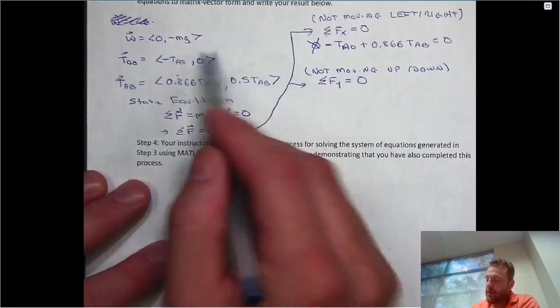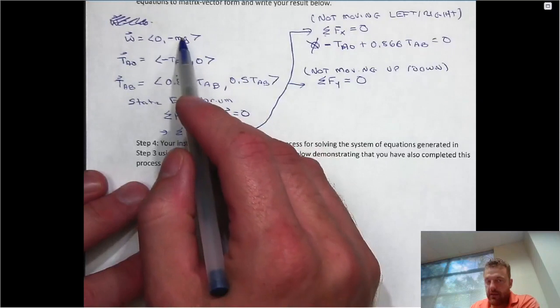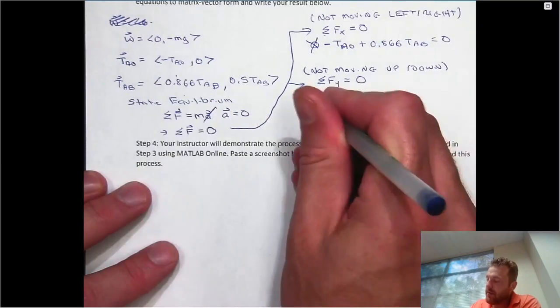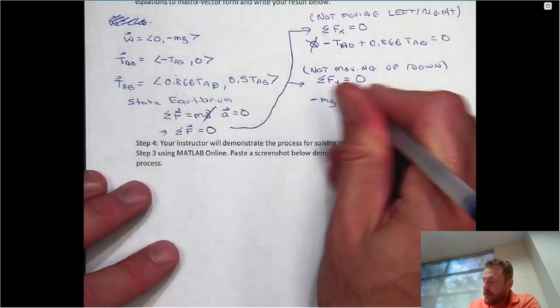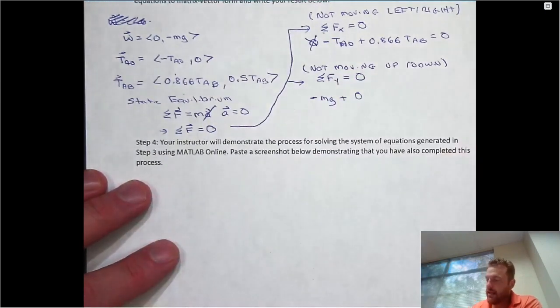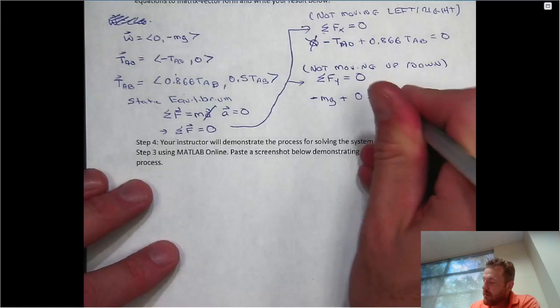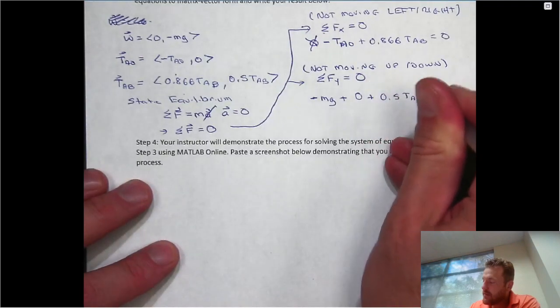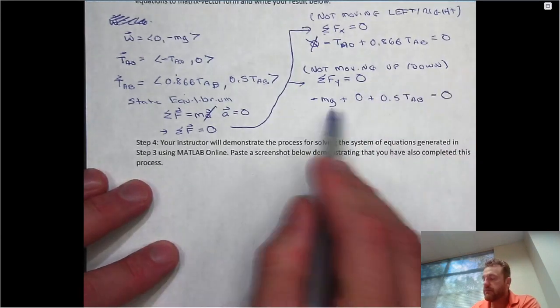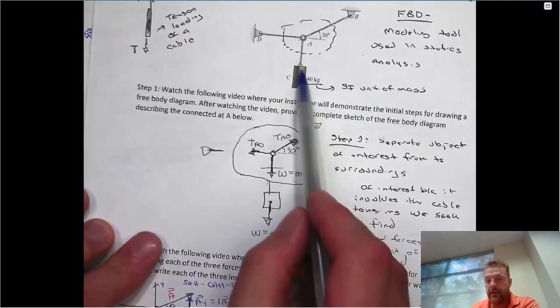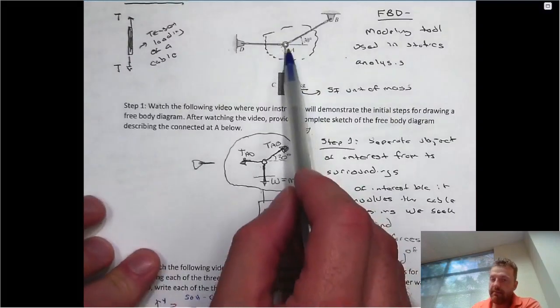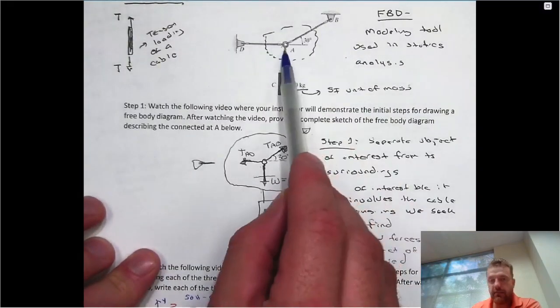So let's do the actual y component of the vector now. If I look at the various y components here, notice that the weight has a downward minus mg component. Cable TAD has no y component since it's directed purely in the x direction, and cable TAB has a y component of 0.5 times that unknown magnitude TAB. And all three of those must sum to be equal to 0. And all that this says from a physical point of view is that how much the weight of this cylinder pulls it down must be offset by how much the y component of this tension pulls it up.